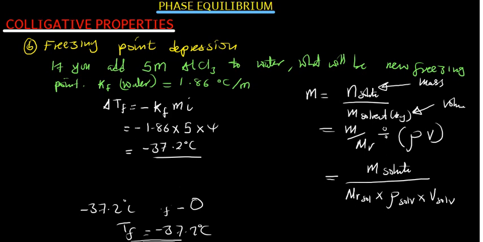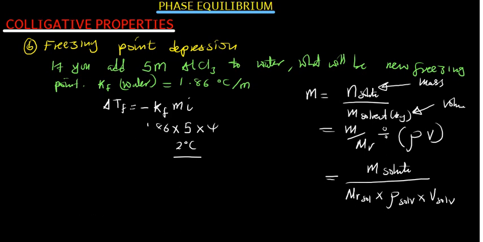Now, let me just give the formula. If they've given us the change in freezing point, or they've given us the final freezing point, we are able to do that. We know that change in freezing point is equal to negative Kf times molality, but molality can also be found by this formula.